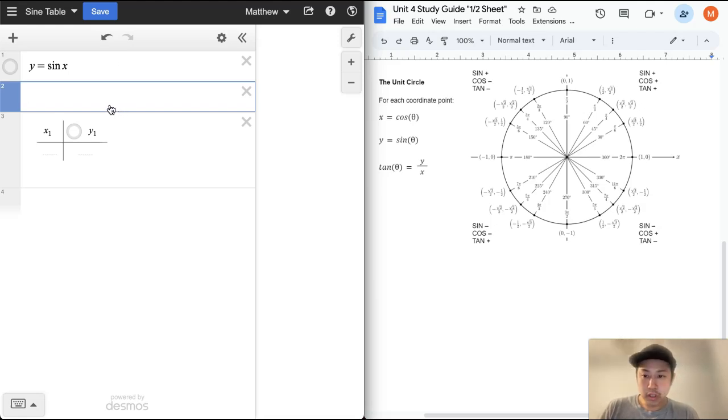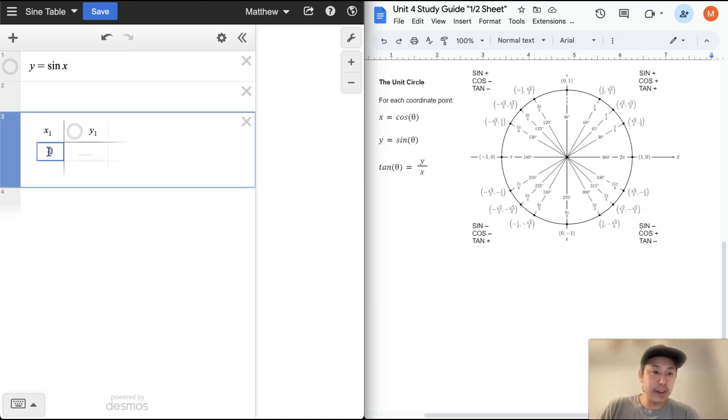Let's start with 0. It's just like we're doing an equation table graph. If x is 0, in other words, if your angle measure is 0 radians, the sine of that angle, sine of 0, should be the y-coordinate, which is also 0. Angle measure 0, output is 0 because the sine of 0 is equal to 0.